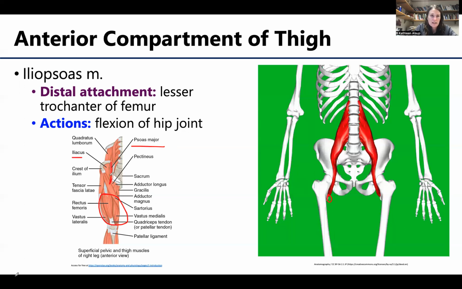So they come together for this common tendon to the lesser trochanter, and when this contracts, it can play a role in flexion of the trunk, but it's a very powerful and the main flexor of the hip joint. So when it contracts, it will cause flexion of the hip joint.